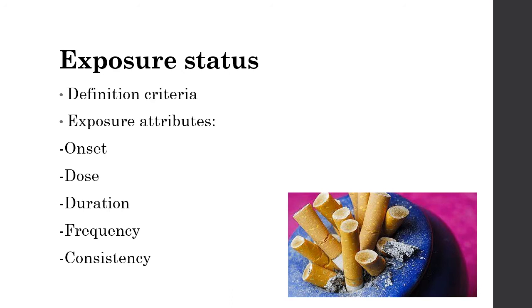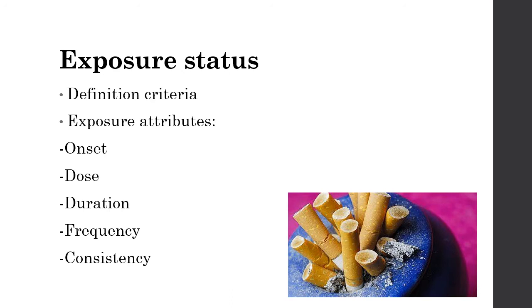So that's what you can see sometimes people do in cohort studies, that they group their exposed group. They are not all put in one group. For example, ex-smokers and current smokers, or there will be mild, moderate, and heavy smokers, 3 different groups.